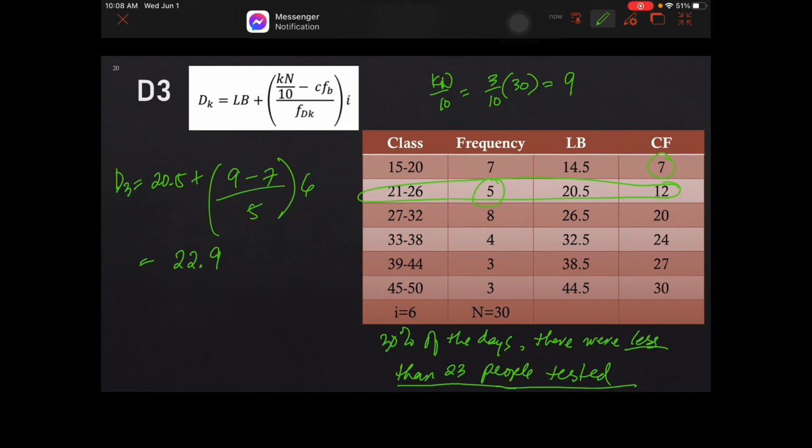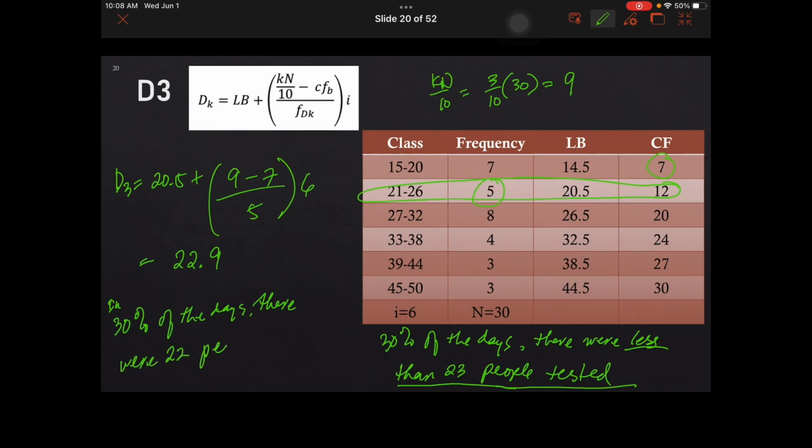Okay? So, ngayon, kung ang gagamitin natin is yung rounded down option natin, ganito po yung magiging itsura ng ating interpretation. In the 30% of the days, there were 22 people or less that were tested.